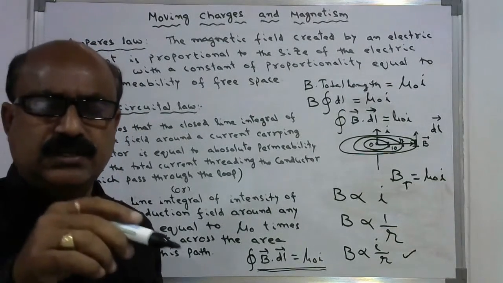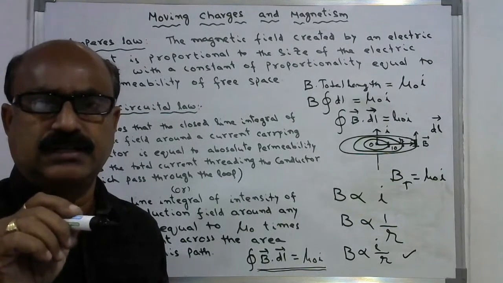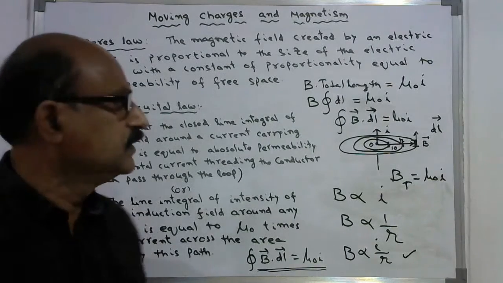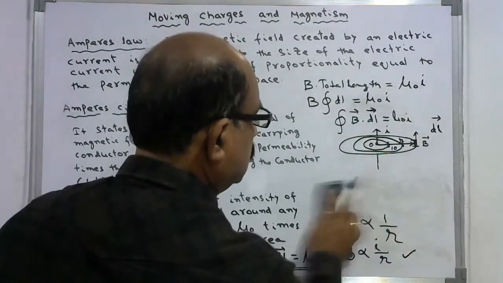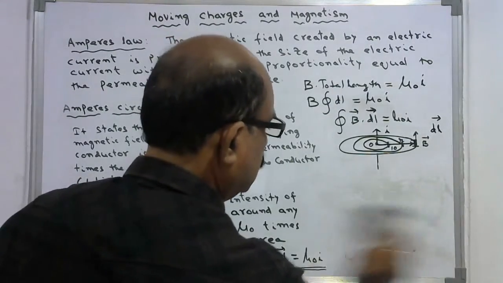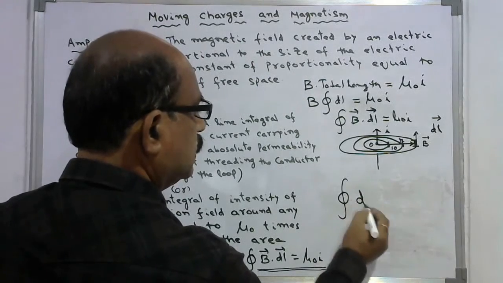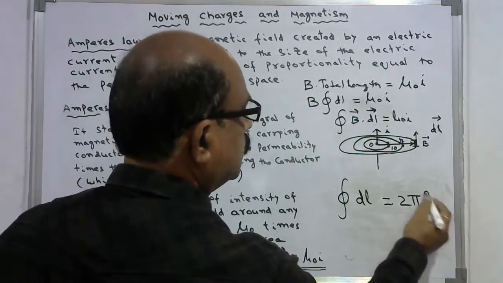That is why I wrote here the line integral of small element dl, which for a circle becomes 2 pi r. See, the closed line integral of dl can be written as 2 pi r.